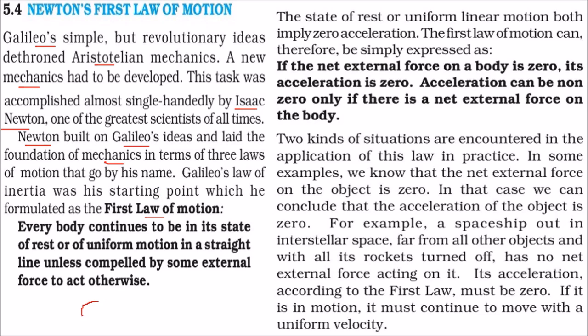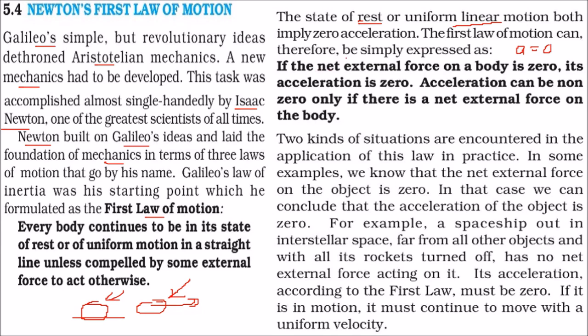Every body continues to be in the state of rest or uniform motion in a straight line, unless it is compelled by some external force not to do so. The state of rest or uniform linear motion both imply zero acceleration. Acceleration is zero while the body is at rest or in uniform velocity.